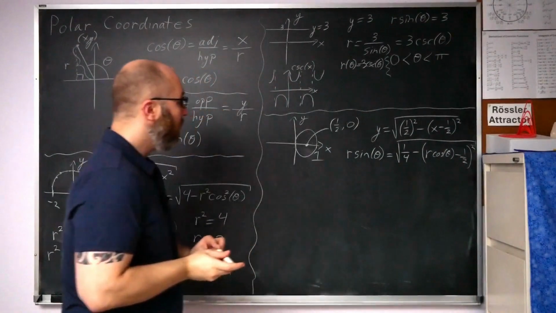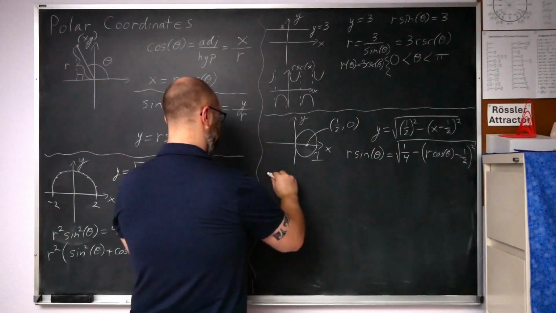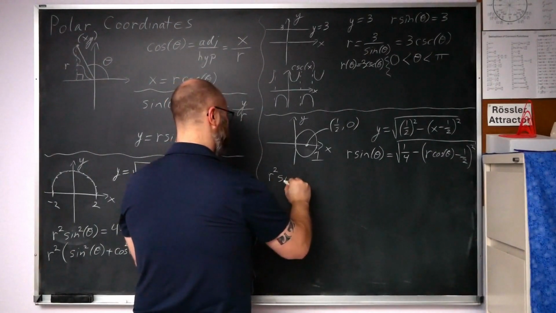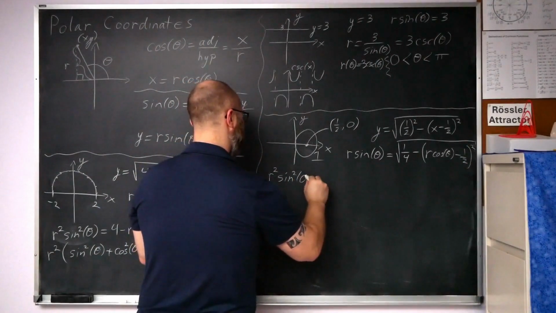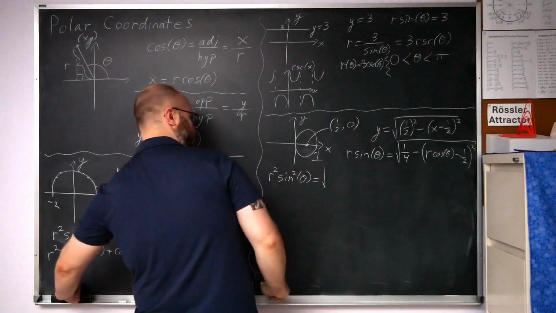All right, I'm going to square both sides, so that ends up being r squared sine squared theta equals, oh, squared both sides, the square root's gone.